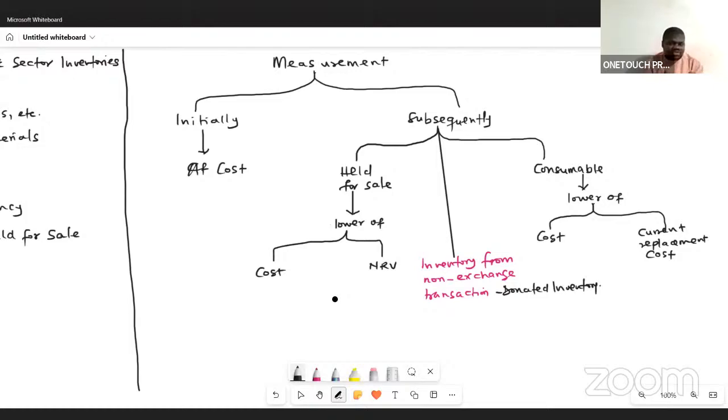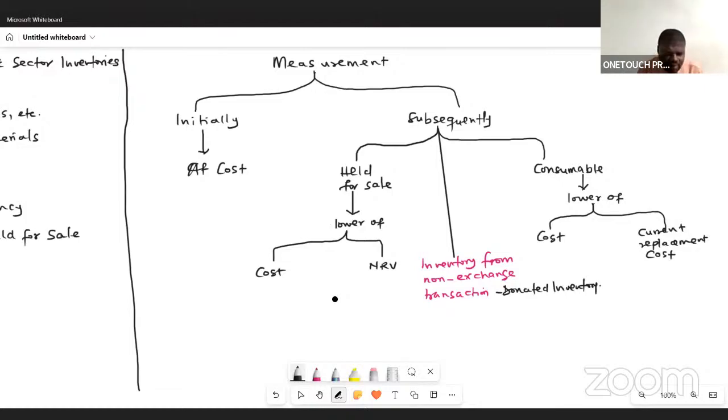Held for sale means that the purpose is that we want to sell. Consumable means that it will be consumed by the company, or it will be distributed by the company. If it's going to be consumed by the entity, or distributed to the people within the entity, or distributed to any other person without a charge, or even if there's a charge, it's at a nominal cost, then we say that it's a consumable.